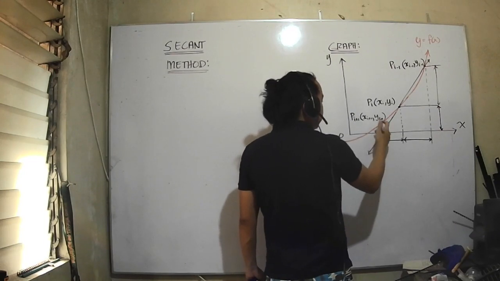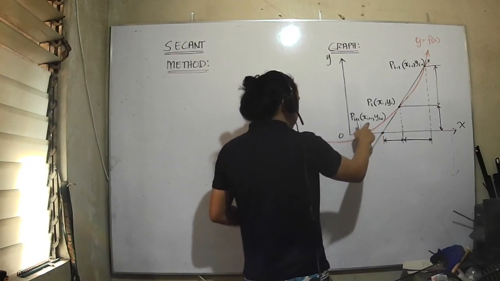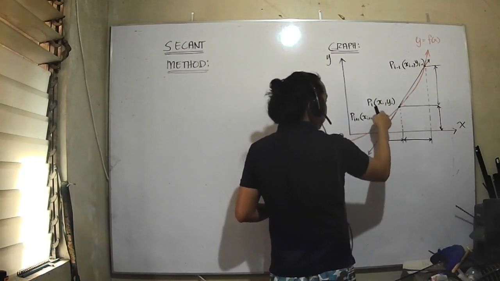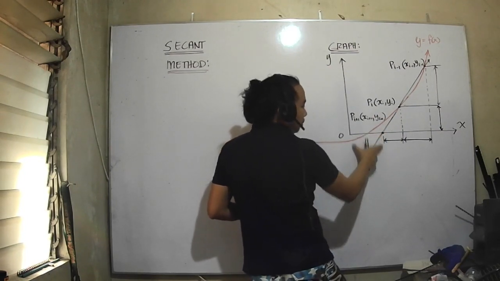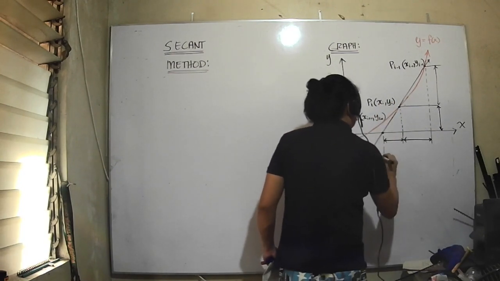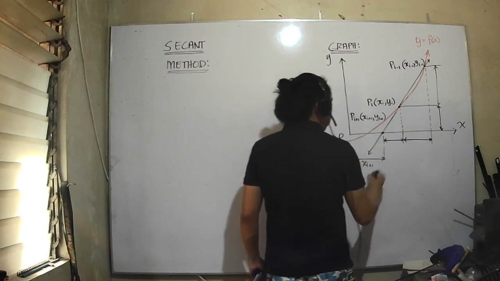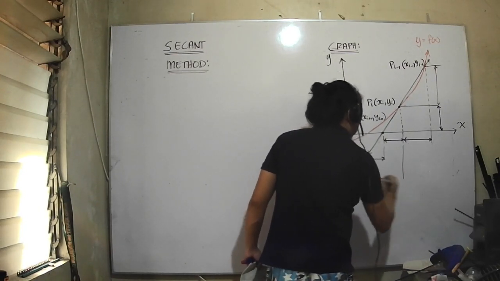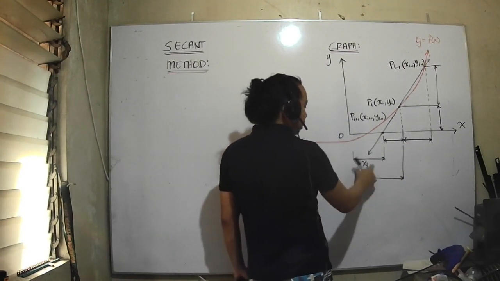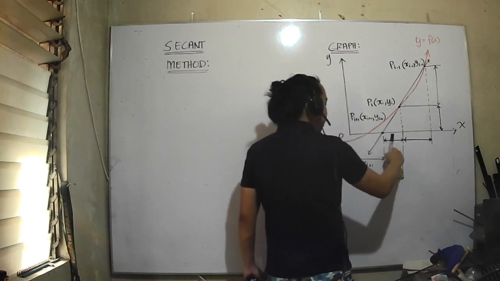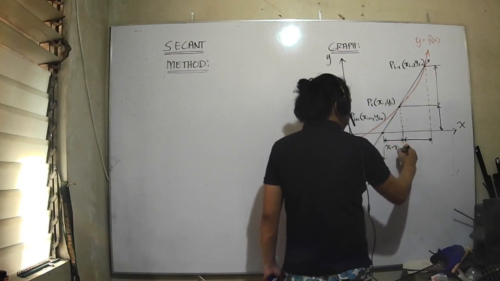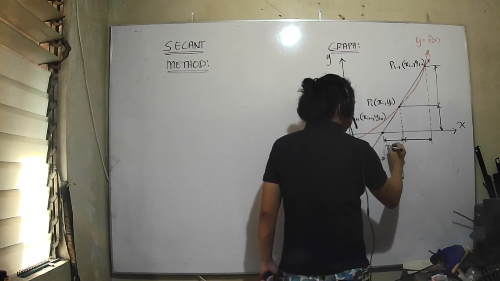So this side is the xi plus 1, and this is our xi. If this is xi plus 1 and this is xi, then this side should be equal to xi minus xi plus 1. Clear?